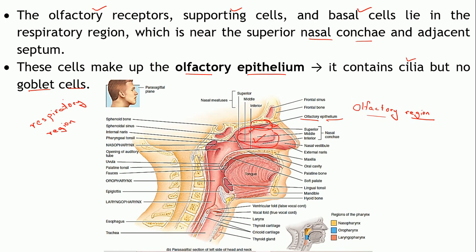But over here goblet cells are absent. So, this particular olfactory epithelium, what will it be involved in? Yes, it is involved in olfaction, that is the sense of smell.